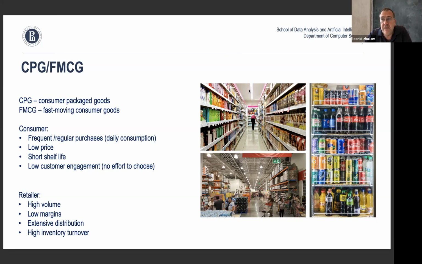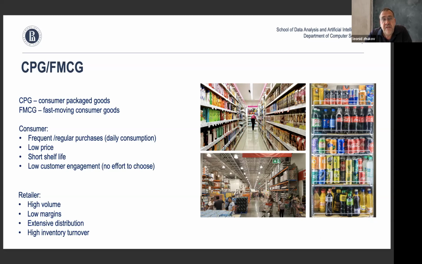Food, you go buy milk, you go buy bread. It's also characterized by low prices, so it's usually quite cheap. The items have very short shelf life, and sometimes perishable items, sometimes not. But again, think about food.